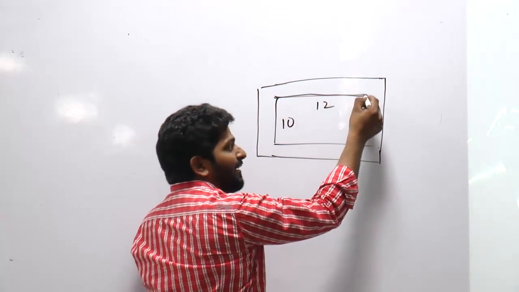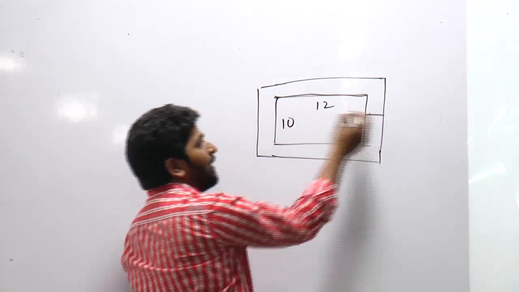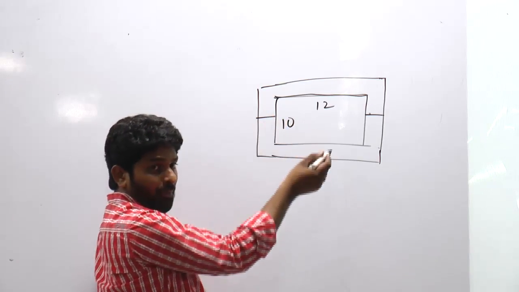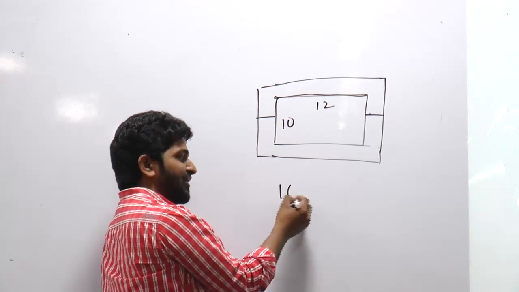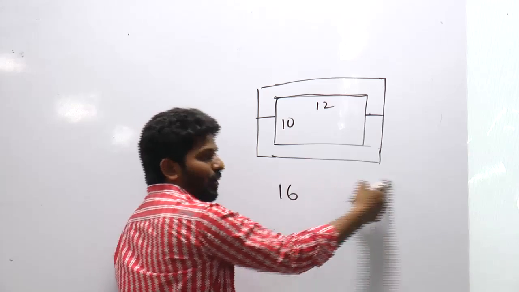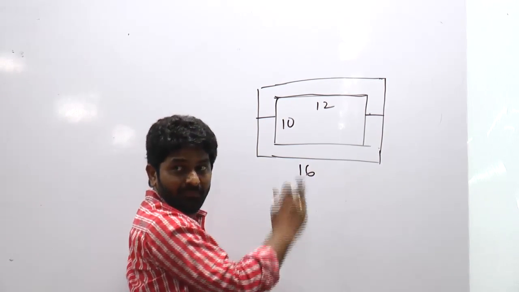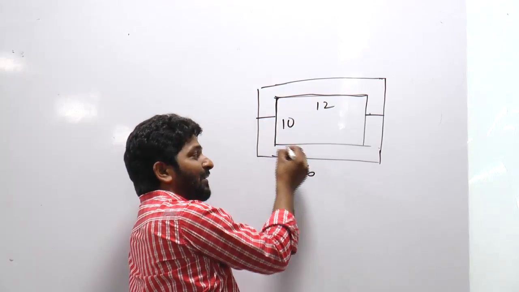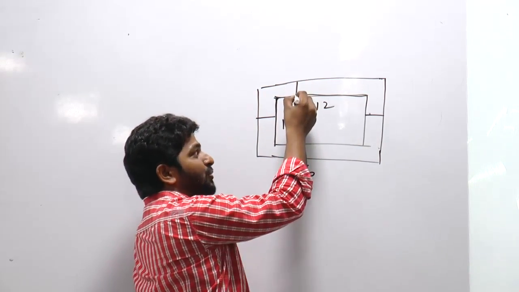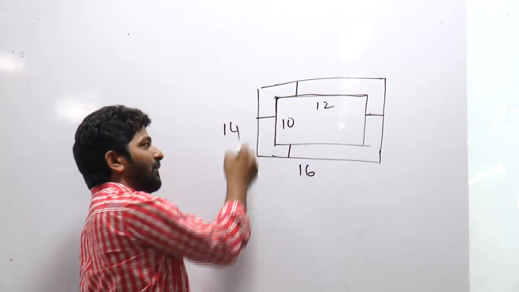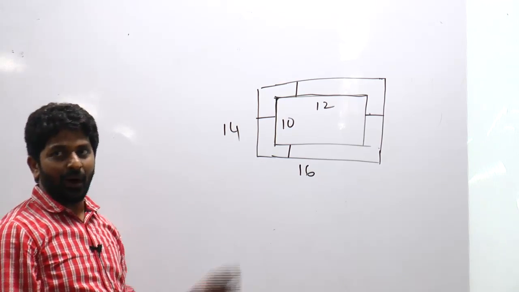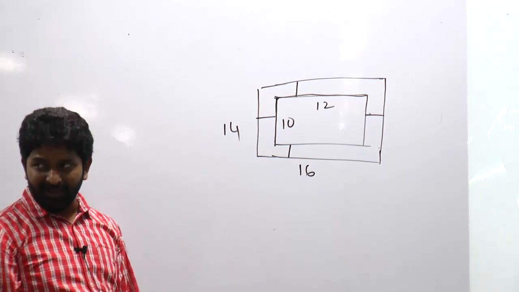This is 12, right? This is 2 and this is 2. Total we have 4 more. 12 plus 4, in the sense 16. So for the outer rectangle, length is 16. Let me calculate breadth. This is 10 and this is 2 and this is 2. Total it becomes 14. So veranda area will be equal to outer rectangle area minus inner rectangle area.